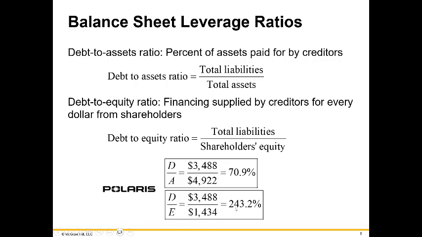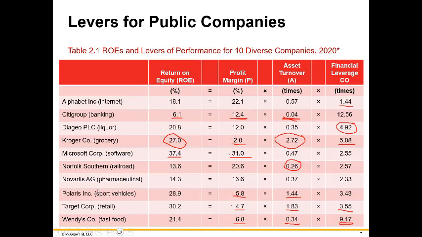You think about debt to equity, of course, that's going to be way higher than debt to assets because equity is going to be a small core of the funding base for the business. So debt to equity, 243% there. What was the leverage ratio for Polaris? 3.4. Not extreme, but a little bit on the higher side of our leverage. Well, probably kind of right in the middle, actually, of our leverage.